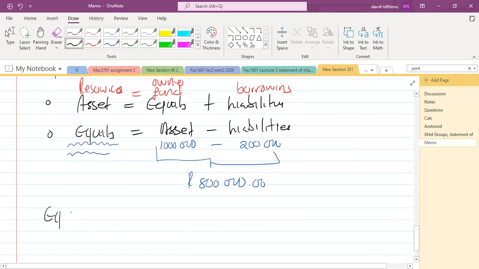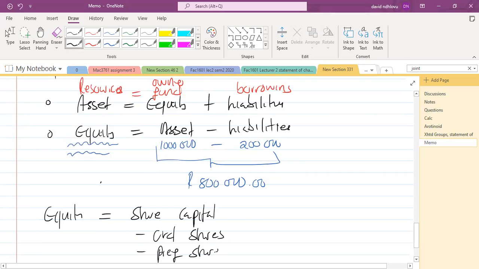When we talk about equity, it is made up of the following: share capital, which can be ordinary shares. If you are doing 2601, we'll deal with that shortly in the other class. And then preference shares. And then it also is represented by retained earnings.